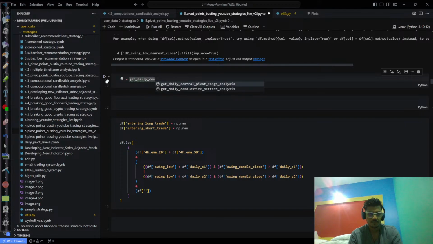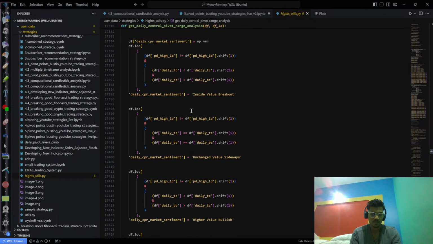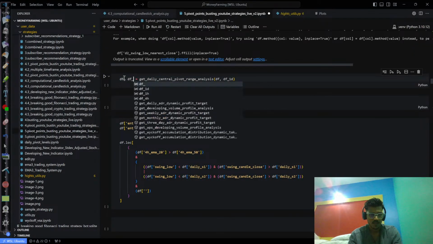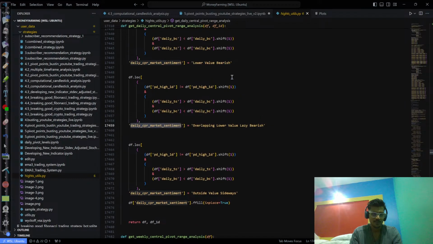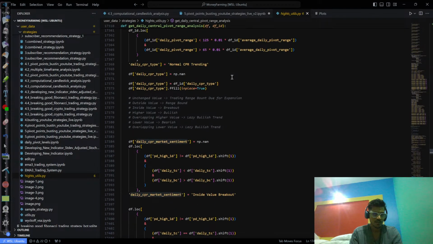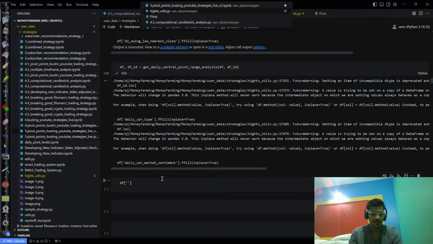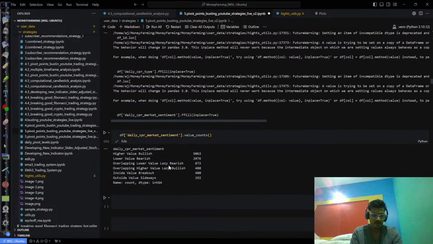This is DF 1D, and what it returns, it takes DF 1D and returns the value. Now I want to get this daily CPR market sentiment, whether it is higher or lower or inside value, and you can actually see this code as well. It's very easy, guys. So I want daily CPR market sentiment, and for higher value, this is what I want.